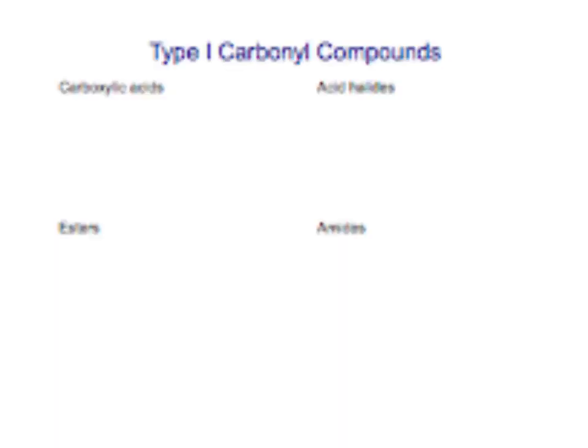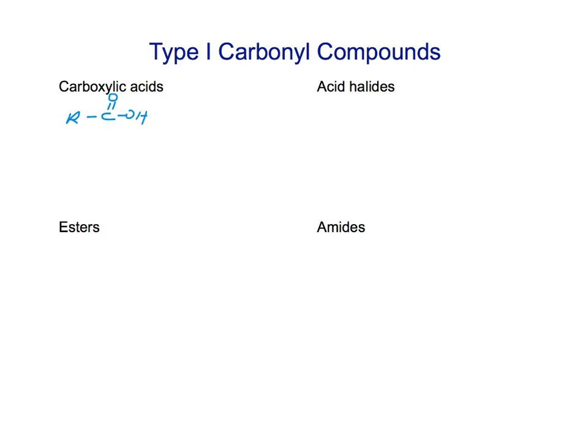All right, so I'm going to break these carbonyl groups up into 2 different types. Okay, the text doesn't really categorize them this way, but I'll show you why, and we'll talk about the differences between them. All right, so we've already talked about carboxylic acids, right? So they have a general structure that looks like this.